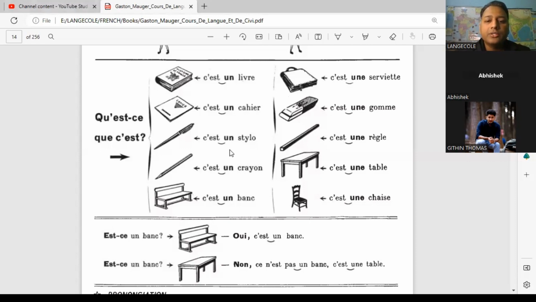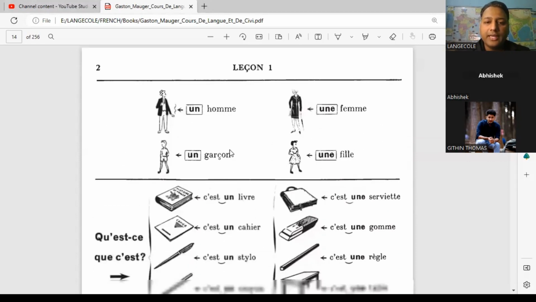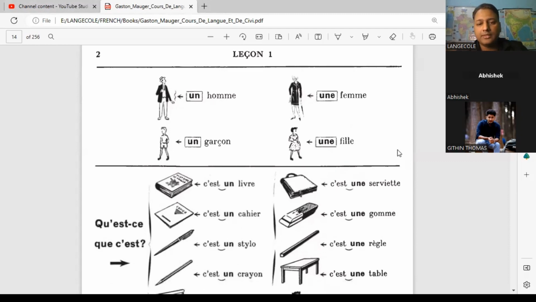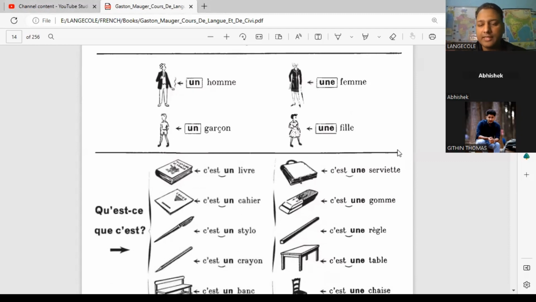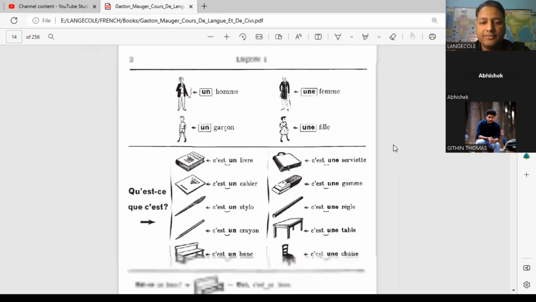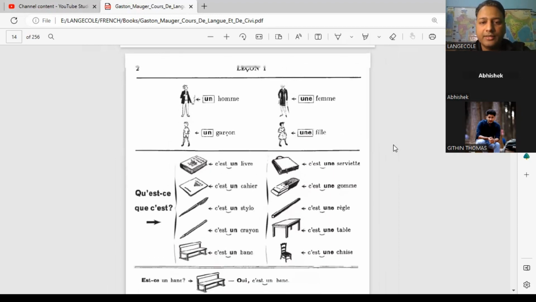But the same book is available now in a colorful format, and you may purchase that if you want by going to the LangEcole store link that I shared. You can find the Bleu book and buy the first one and second one. First we will complete the first one, then in the A1 level itself we'll move into the second one also. When you have the colorful one, it will be easy for you and you'll like the look and feel.